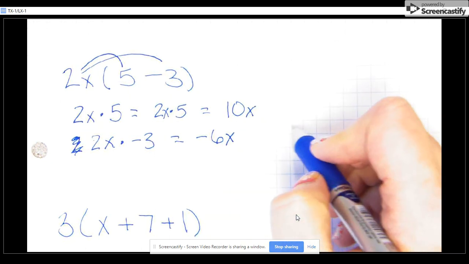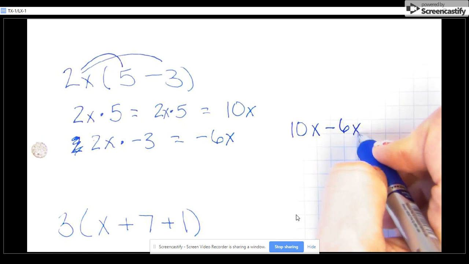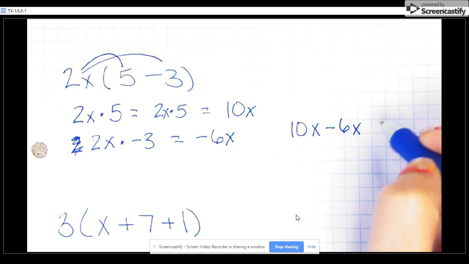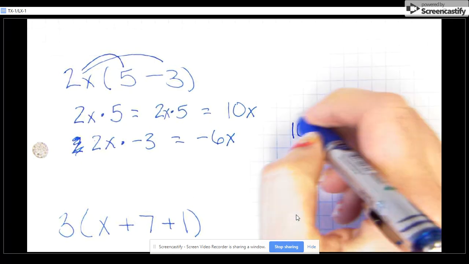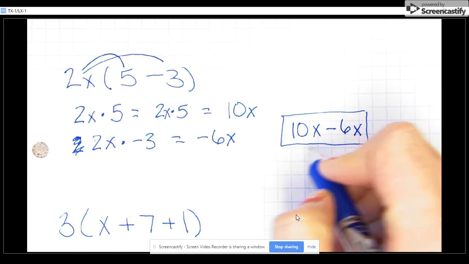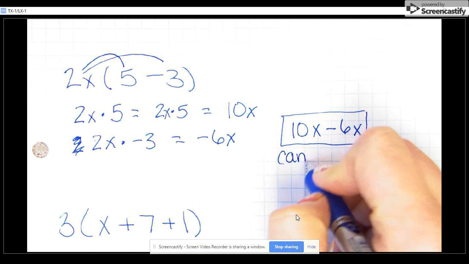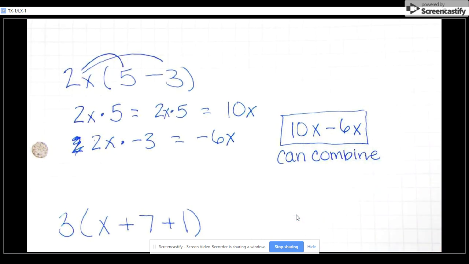So putting those two together, I have 10x minus 6x. Now I can combine those, but I'm going to show you how to do that later, with more steps you'll see later.